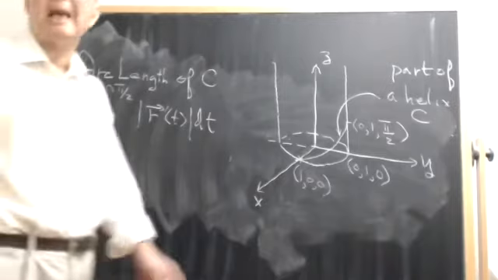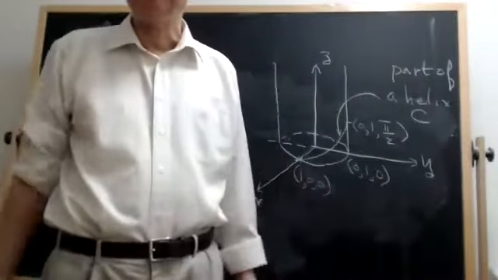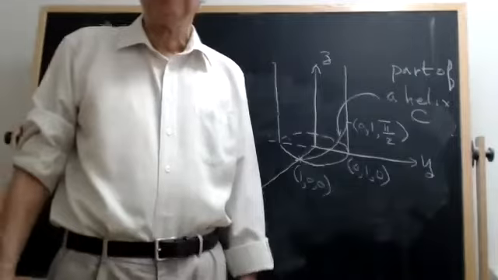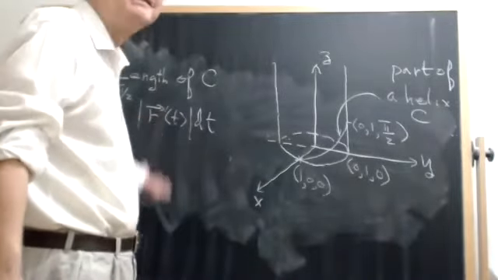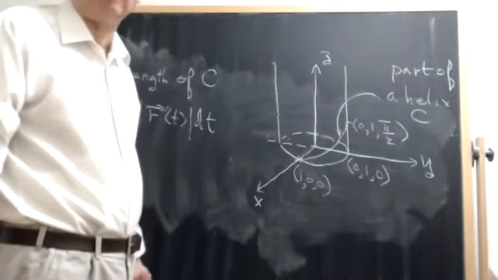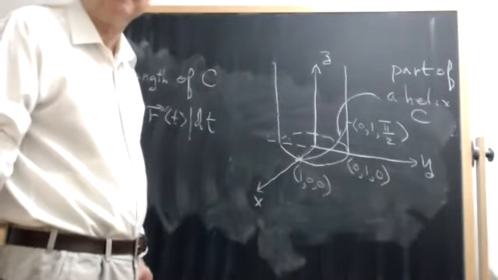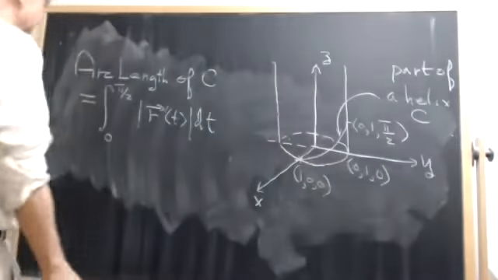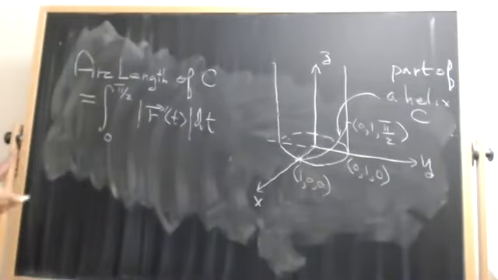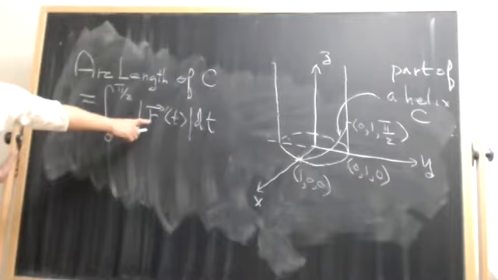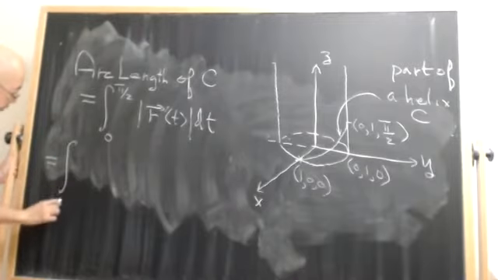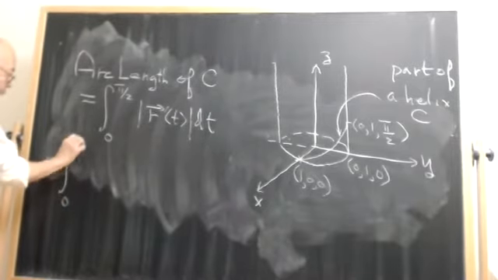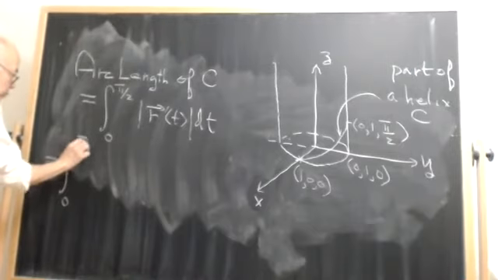I don't use F, G, and H now. This is much more succinct and easier to remember. Now, we have to find the length of the vector. So we have the integral from 0 to pi by 2.